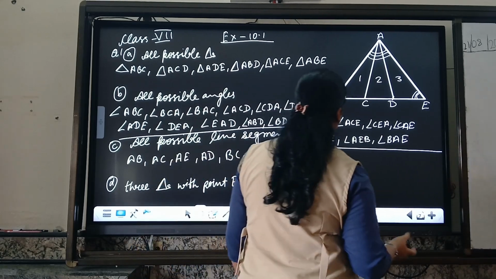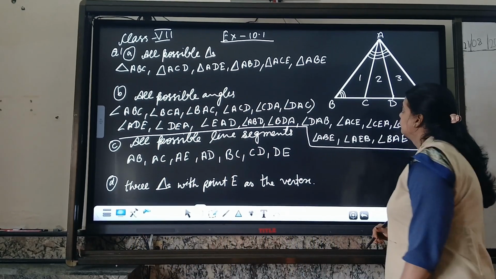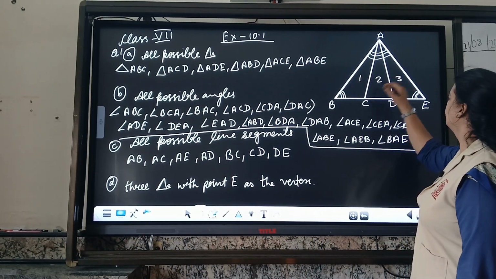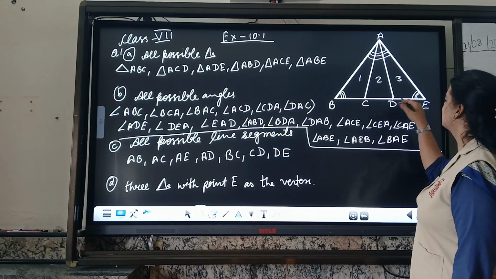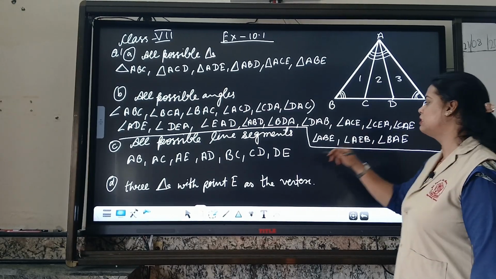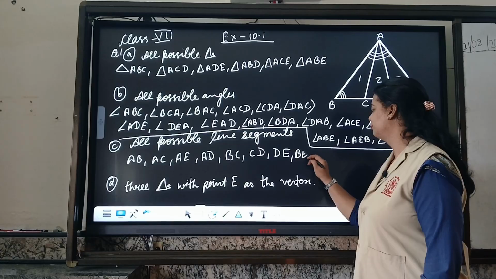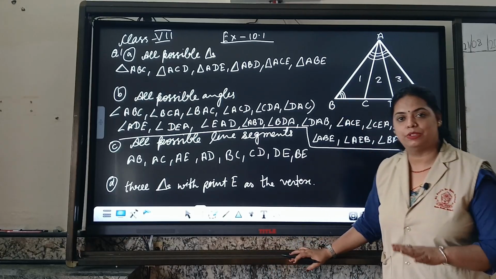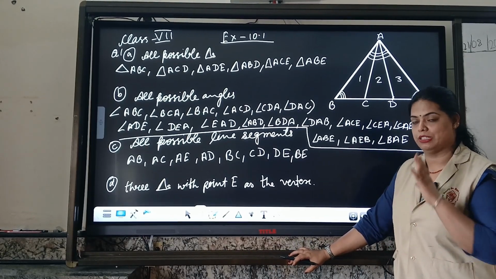Do we have another line segment which I forgot to take? 1, 2, 3, 4, 5, 6, 7. Complete BE also can be taken. Now these are all the possible line segments drawn in this figure.